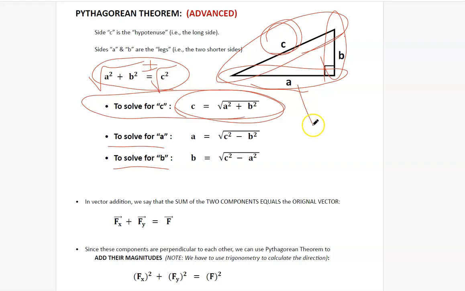But typically, you'd be given an X component vector length and a Y component vector length and asked to calculate the combination of these two, what we refer to as the resultant vector, the one that would resolve into an X and Y component.